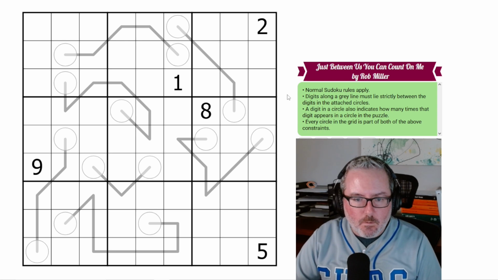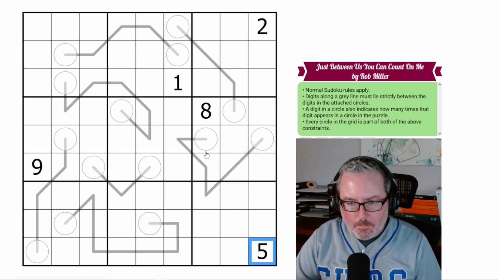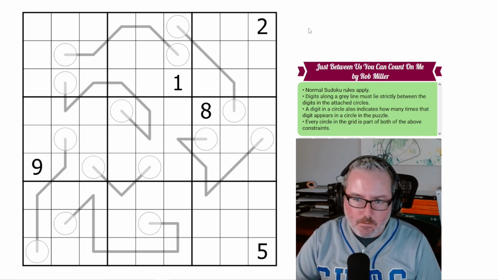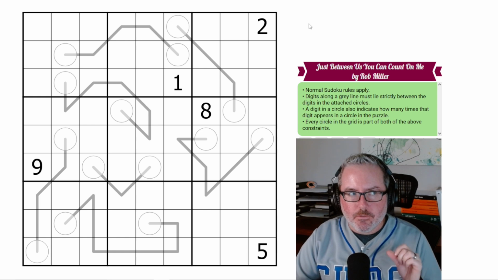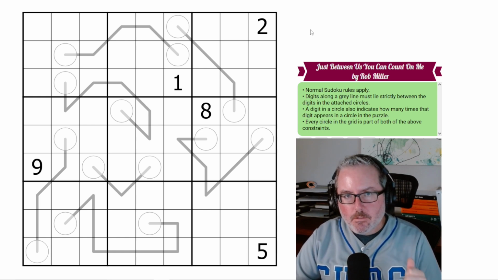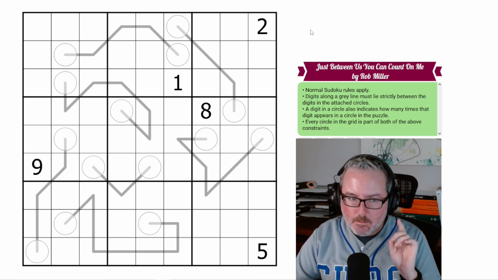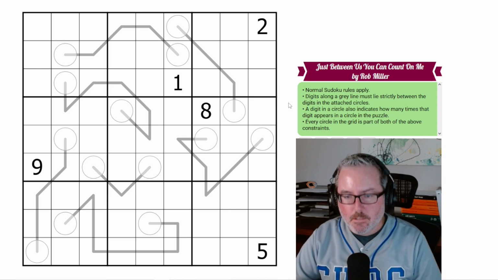So, where is going to be a good place to start? Now, we do have a couple of given clues, but not a ton to get us really moving, I don't think. There's a couple of things about in-between lines that I think we should at least ponder for a second. First off, you can never put a 1 or a 9 on an in-between line. Not the in-between circles, but the in-between lines themselves.